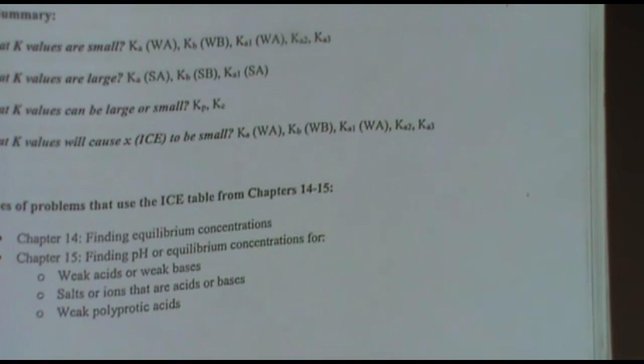Is the thing I'm asked for pH strong, or is it not strong? That's weak. If it's strong, again, how do you know if something's strong? It's on that table I showed you a minute ago. So if it's strong, will you use an ICE table? No, don't use an ICE table in pretty much all circumstances. You're just going to use a set of formulas.